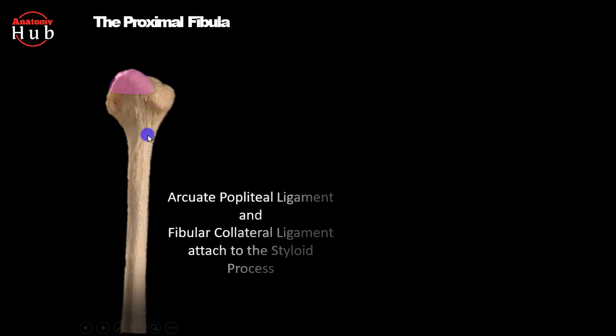The arcuate popliteal ligament and the fibular collateral ligament attach to this styloid process. Fibular collateral is otherwise also known as your lateral collateral ligament.